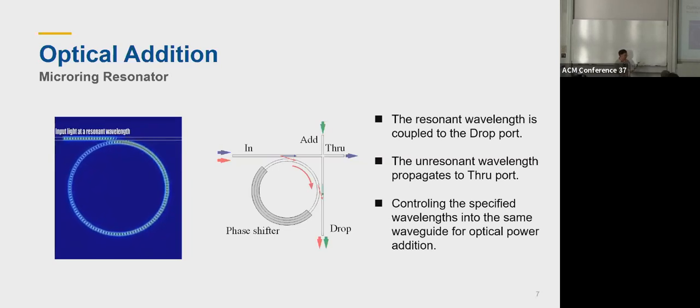Look at this picture: the red input light can be coupled into the ring and leave from the drop port, whereas the blue light continues propagating unimpeded by the MR to the through port. And since interference is avoided in the vector waveguides by making each signal travel with a different wavelength, the red and the green lights can be combined, and the total optical power can be detected using a photodetector to perform an addition operation.